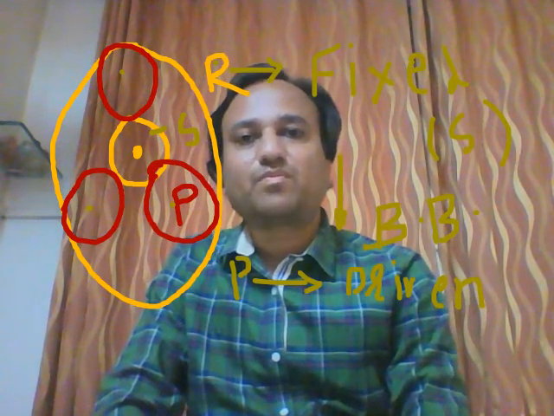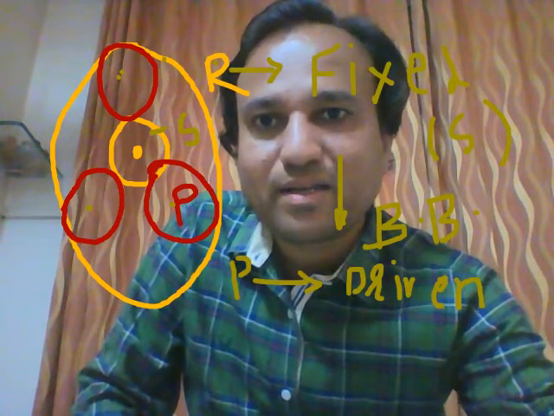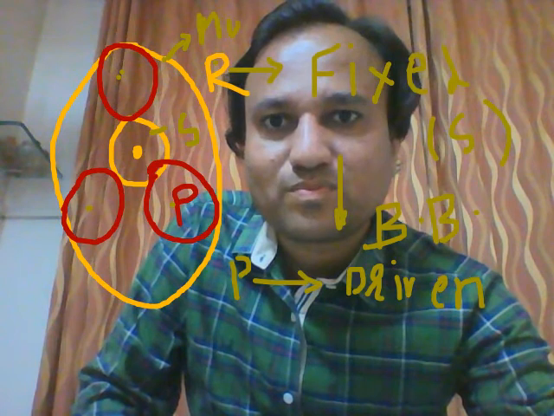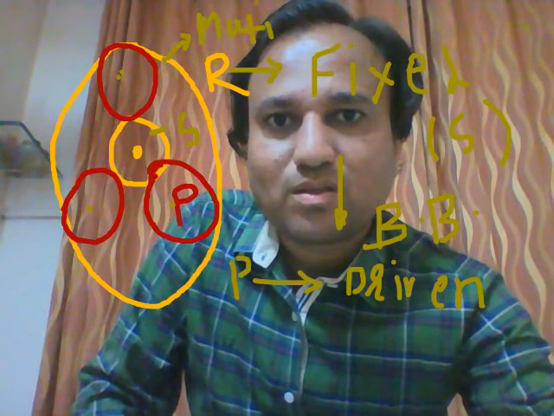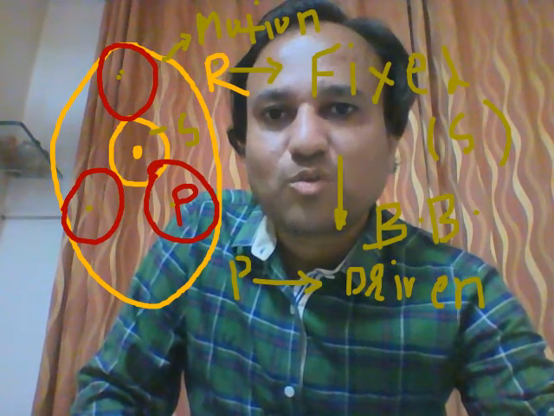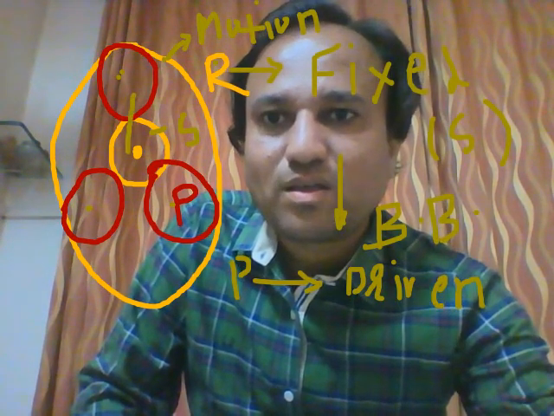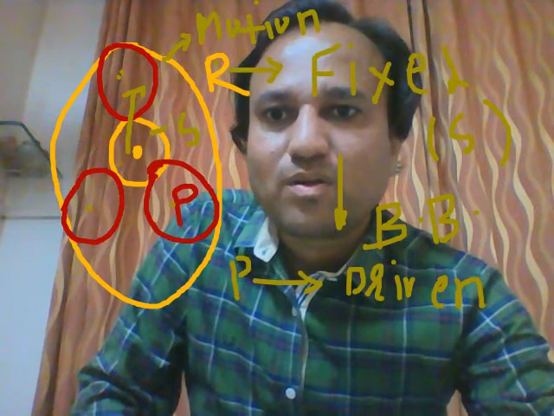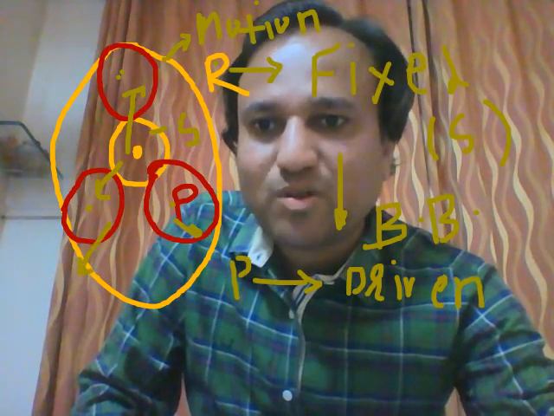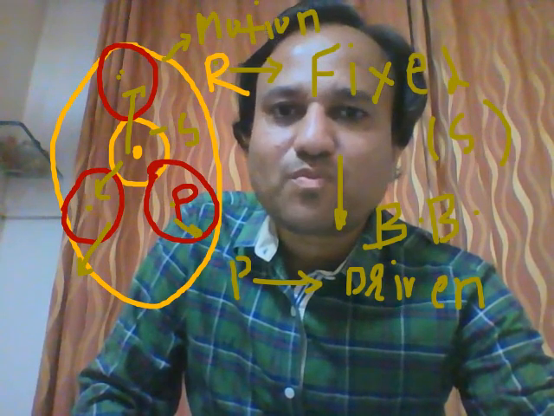Then this ring gear is in motion. So that is, motion from sun is transmitted to planet. From planet it is given to ring.